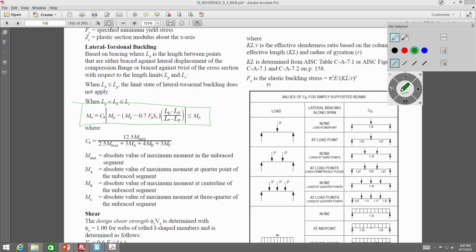So no matter what, you are limited to MP. But for our problem, Cb is 1, right? So because Cb is 1, really our expression is this stuff in the parentheses, right? Fair statement? All right. So I'm going to do a little bit of computer magic here. Give me a second.